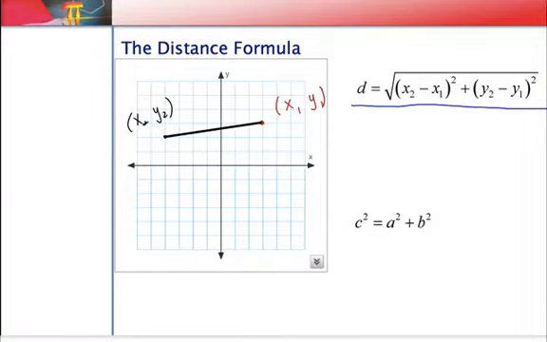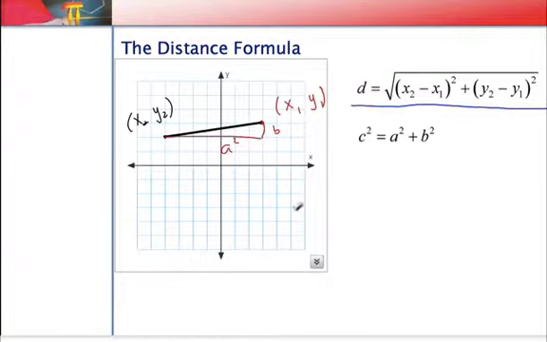Really, this is just coming from the Pythagorean theorem. The Pythagorean theorem says, if I want the length of this hypotenuse, visualize this little right triangle right here. x2 minus x1 squared is like saying a squared. y2 minus y1 squared is like saying b squared.